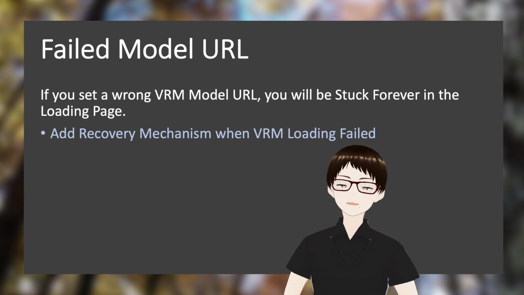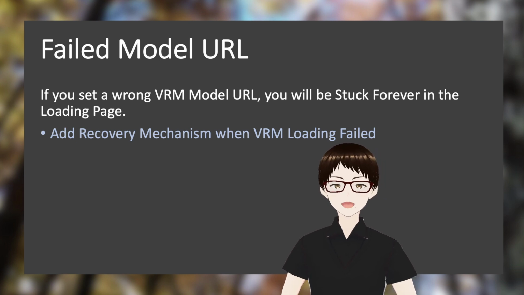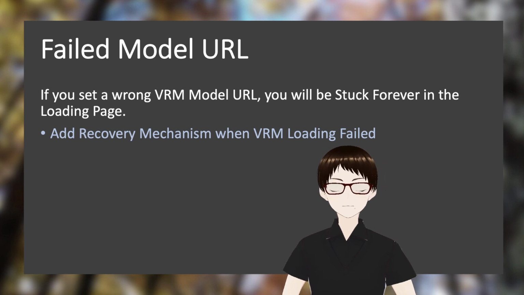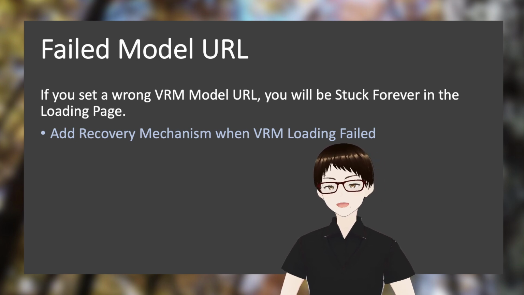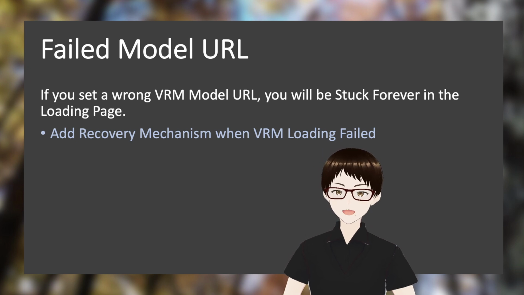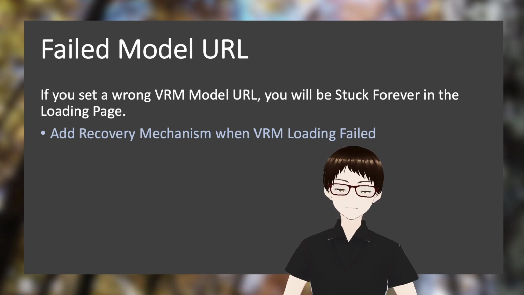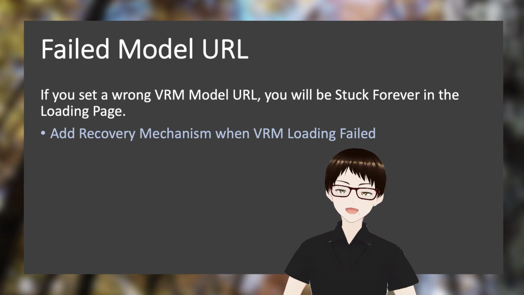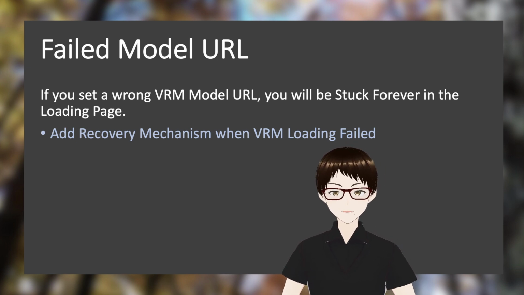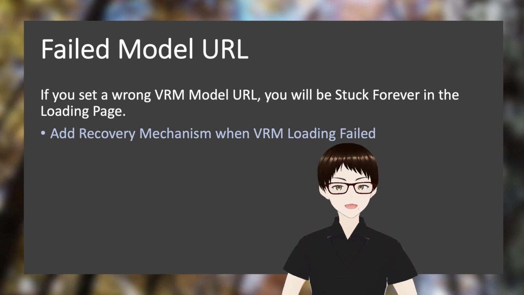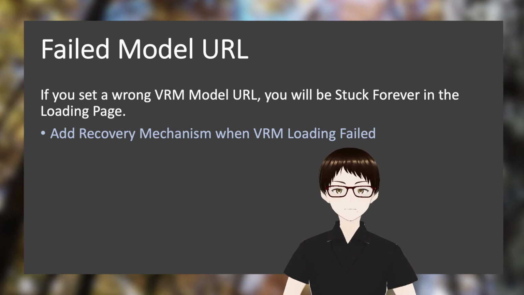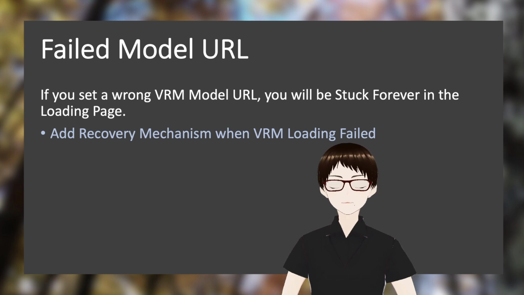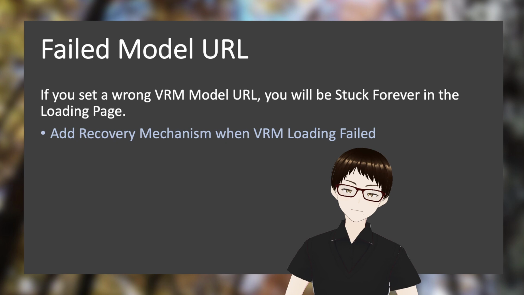When you try to restart this website, you will be stuck in the model loading stage, right? Because in the model loading, you will try to load a model, but with the wrong URL, it will not be able to load any model yet. So this month we added a recovery mechanism: when you try to load a VRM model and you get a failure, it will try to load a default model, so that you will not be stuck in the loading page.